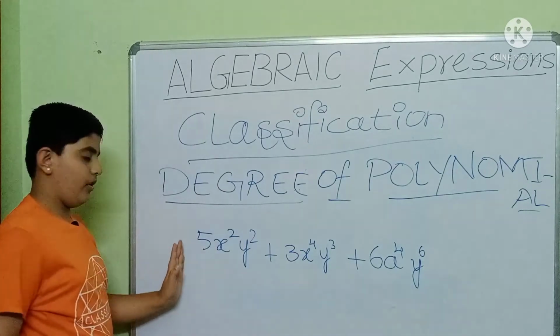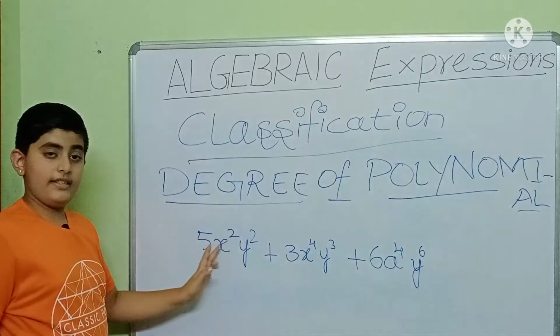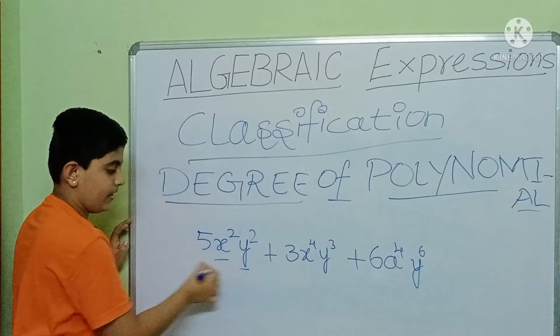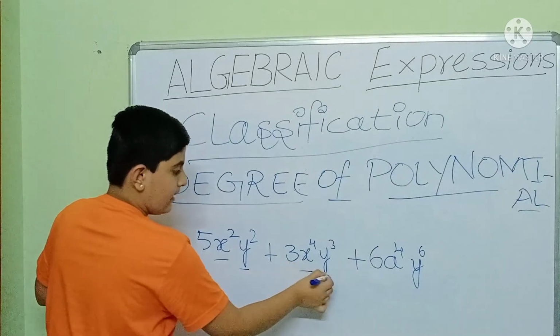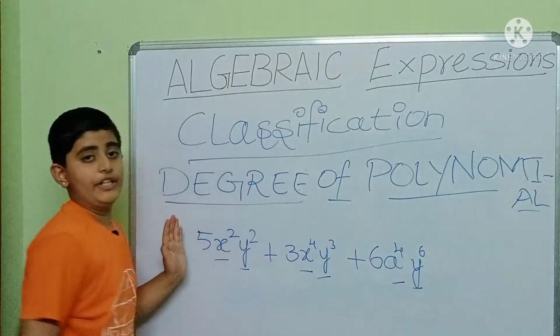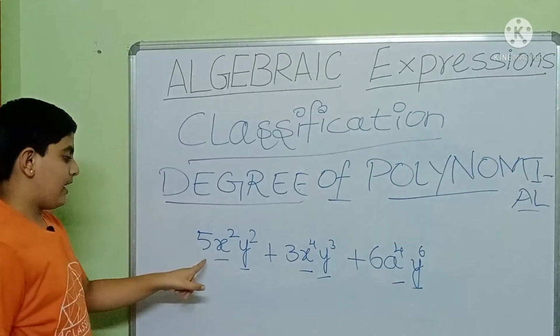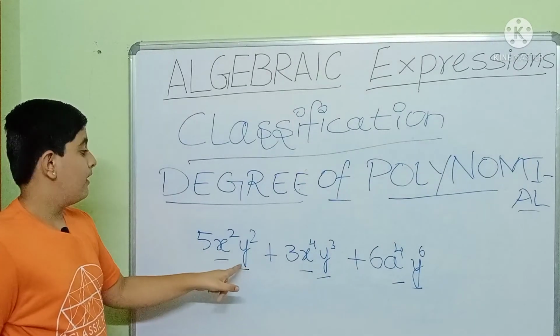So here we don't need to see these, but see the variables. These are the variables present in this equation. So there are two variables.